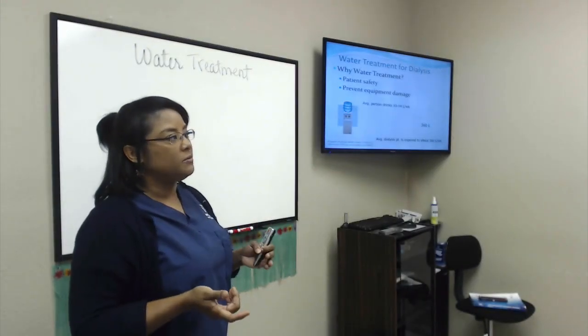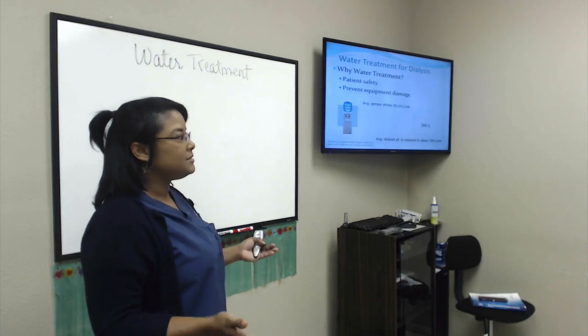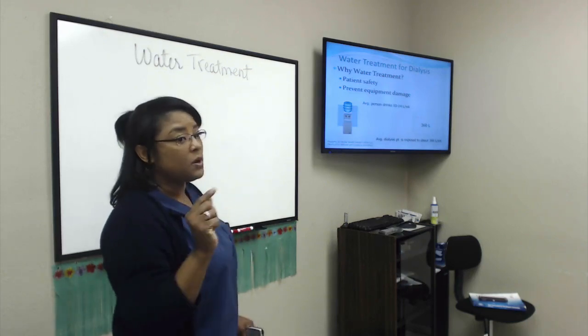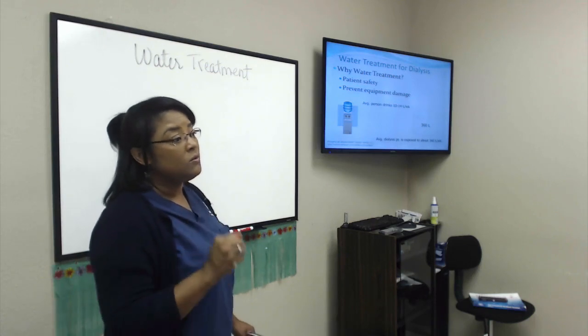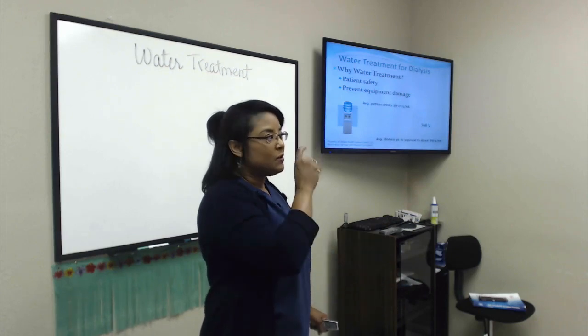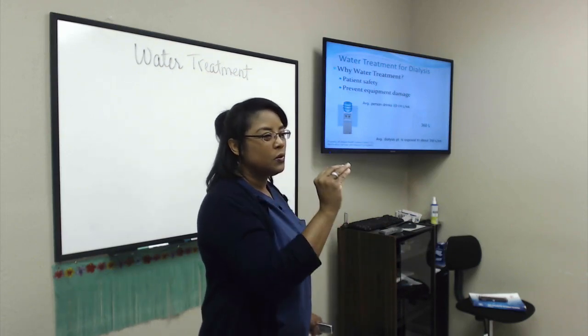I don't know how it's going to work in the center. It'll be different, because the reason we're able to do it with home hemo is because they go on the machine almost every day, and we can run the dialysate very slow.